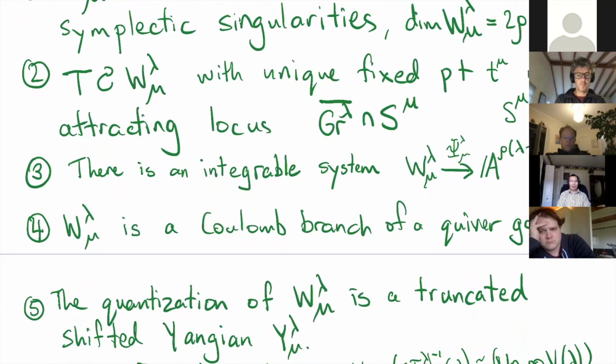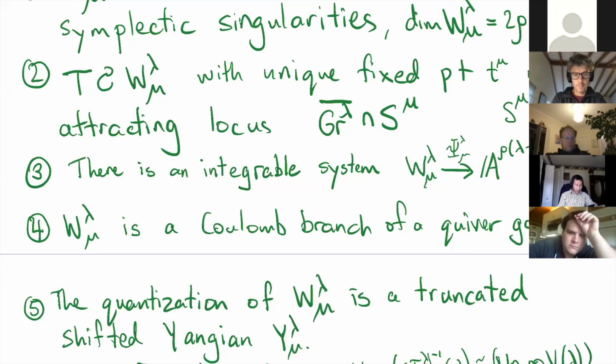But in our case of this W lambda mu, we have a very explicit description of this quantization using something called the truncated shifted Yangian. So the truncated shifted Yangian is defined as a subquotient of a Yangian. So the Yangian is a certain algebra introduced by Drinfeld with generators and relations, the kind of quantum group associated to a loop Lie algebra, and or maybe to a current Lie algebra to be a little more precise.